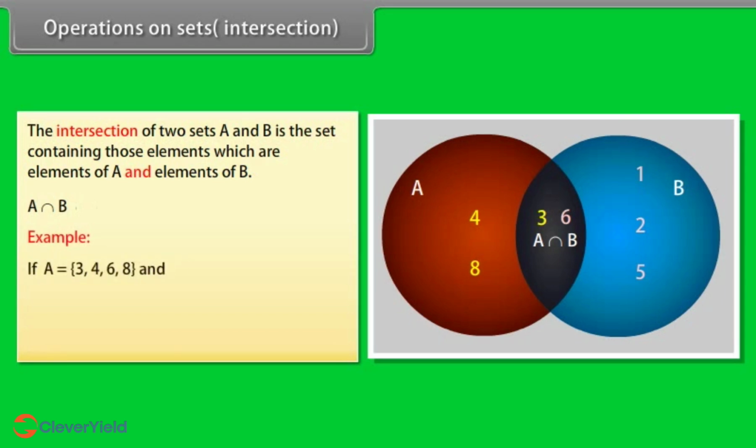Example, if A is equal to {3, 4, 6, 8} and B is equal to {1, 2, 3, 5, 6}, then A intersection B is equal to {3, 6}. Look at this diagram now. This dark portion indicates A intersection B.